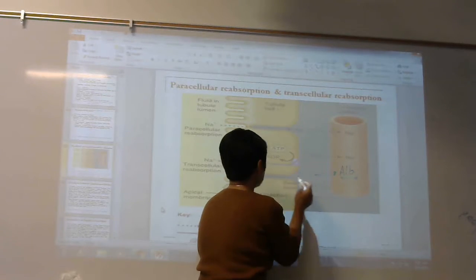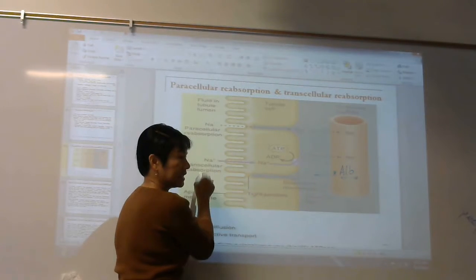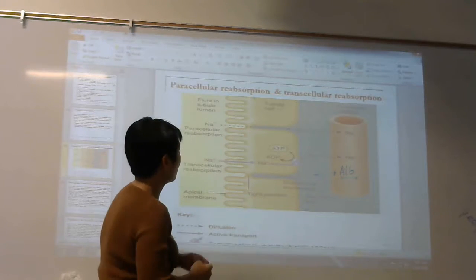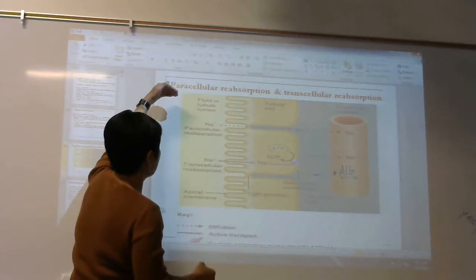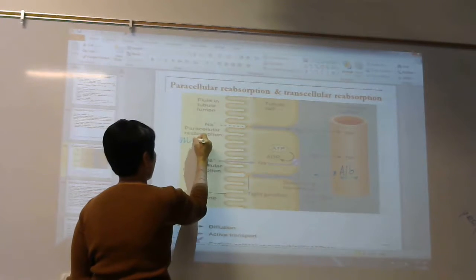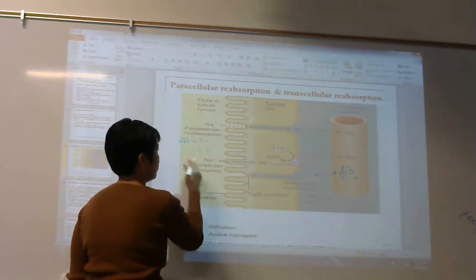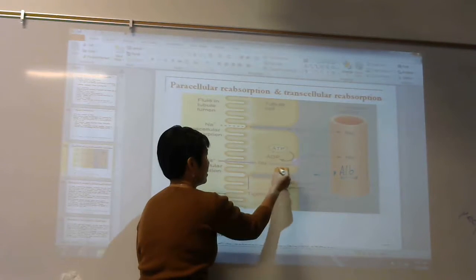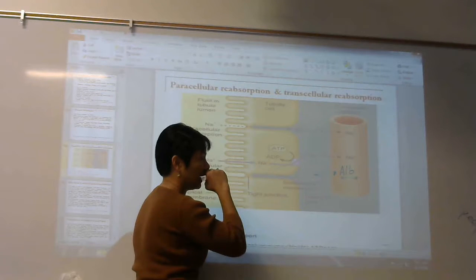But you need to send the substances here to this part first. So here, we know that as it goes down, it's very concentrated, very concentrated. You can reabsorb them, but then it gets concentrated here, right?